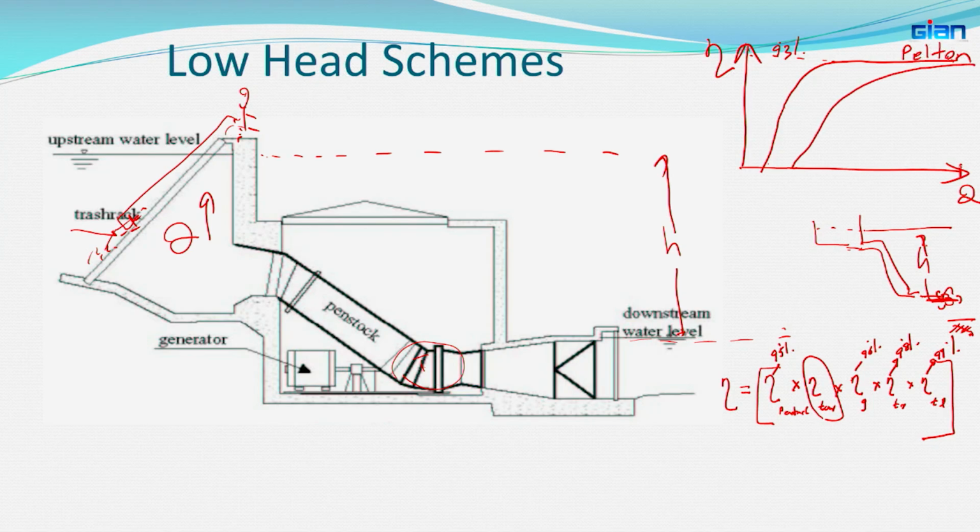So this is the 100% rated flow rate, this is 75%, 50%, maybe 25% flow rate. So you can see, at part load, say 50% flow rate, the efficiency of the Pelton turbine is almost 90%, but if you take the Francis turbine, it may be say 75%. Part load efficiency is very poor.